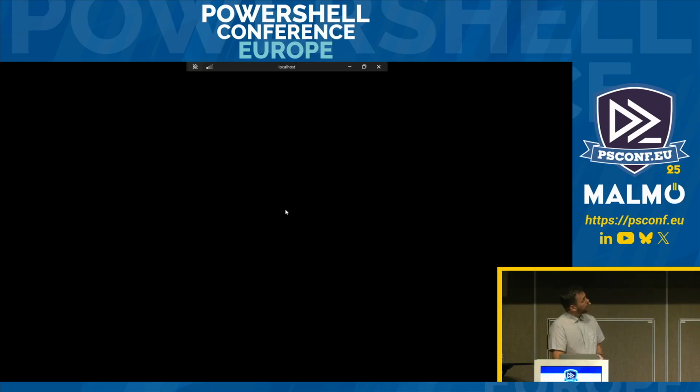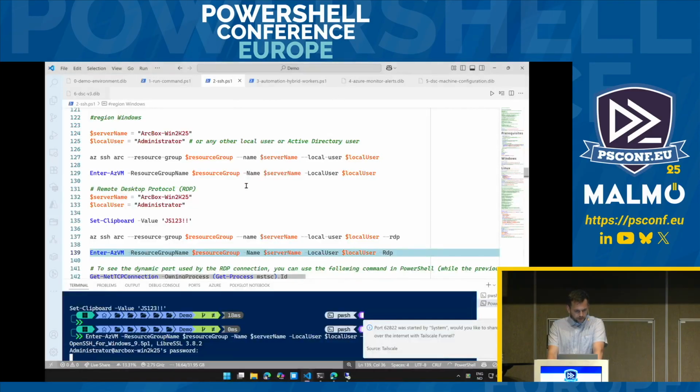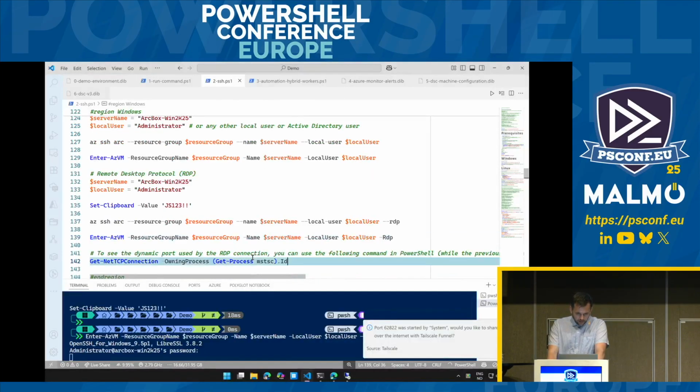And here you can see that it will pop up an RDP session to the Arc-enabled machine without any direct network access. And you can see on the top here it says localhost, and that's because it's proxying the command via the local machine.